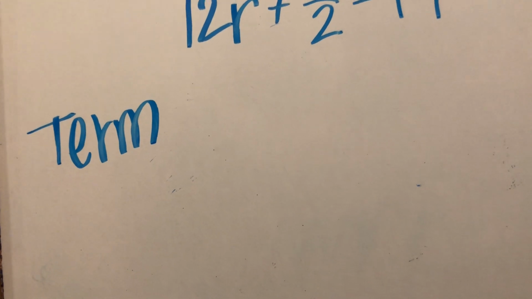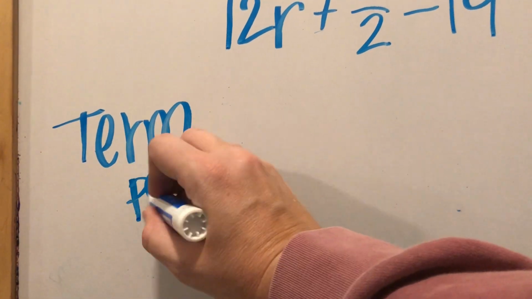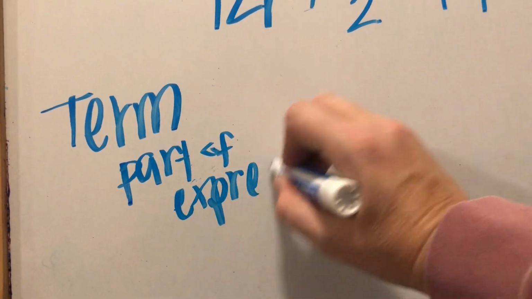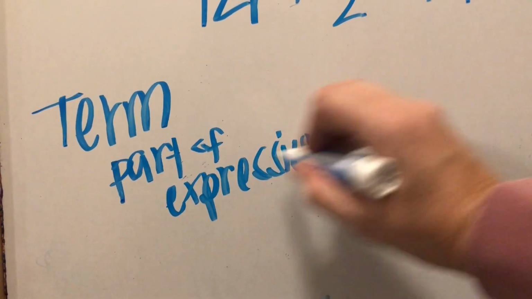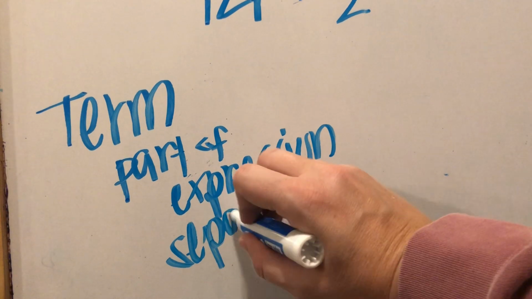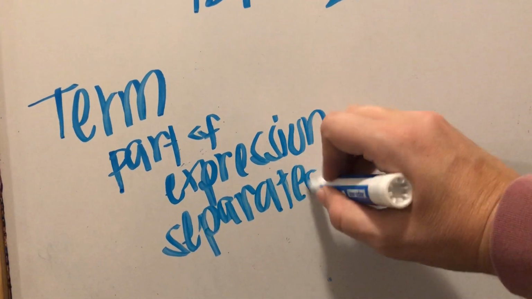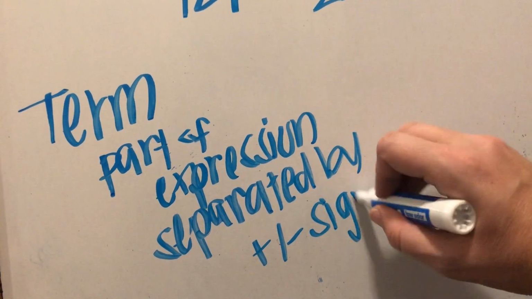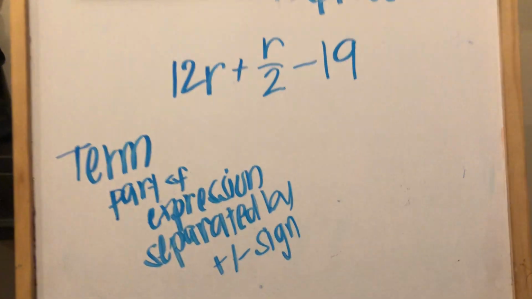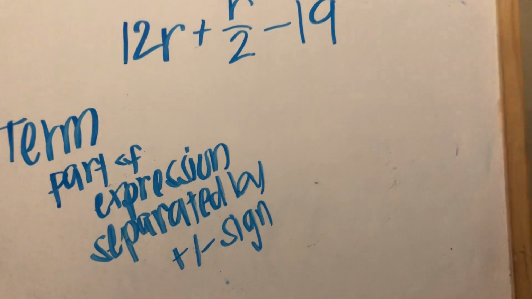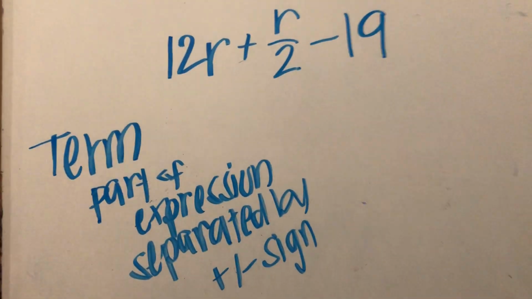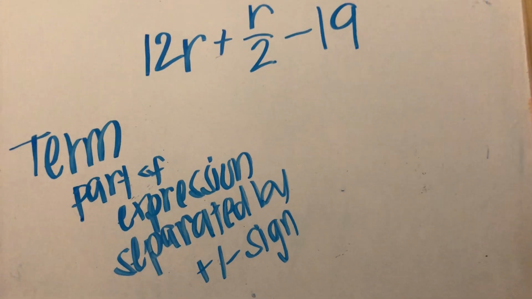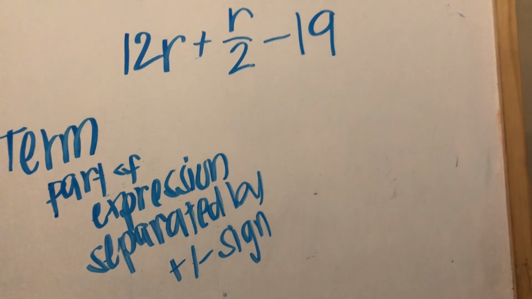A term is a part of an expression that is separated by an addition or a subtraction sign. So if we're looking to see how many terms are in the expression, we want to see how many parts are separated by a plus or minus sign.